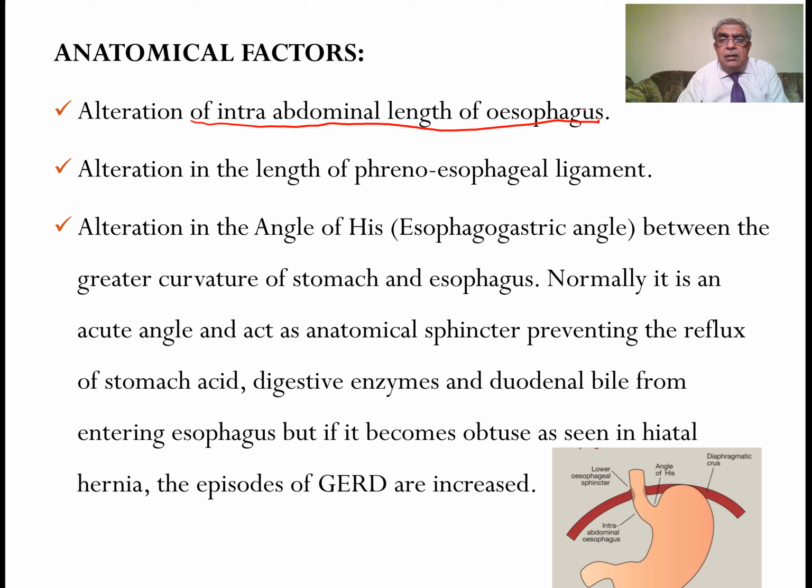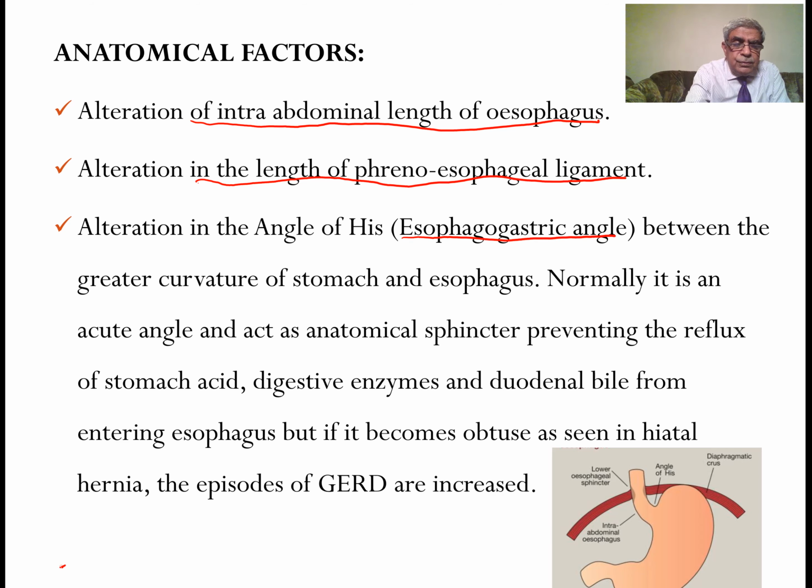Alteration in the length of the phrenoesophageal ligament. Alteration in the angle of His, that is, the esophagogastric angle, very important.